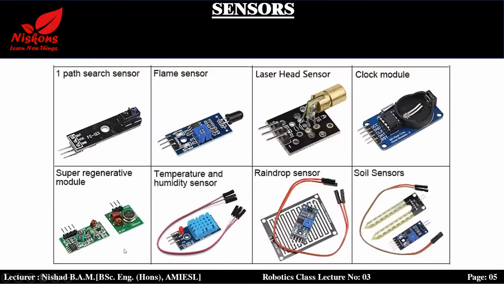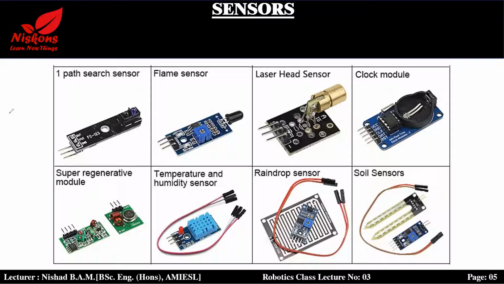So sensors, we have in robotics or in Arduino. In robotics, we have lots of sensors, right? Sensors means the equipment that is sensing the environmental properties, right? So we have a line sensor. This sensor is used to sense a line.